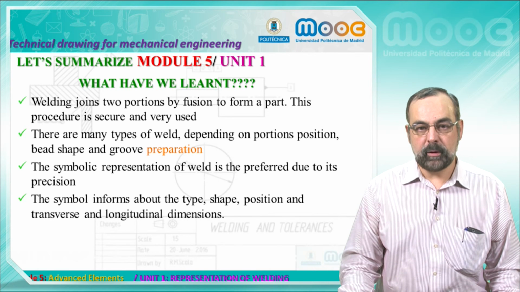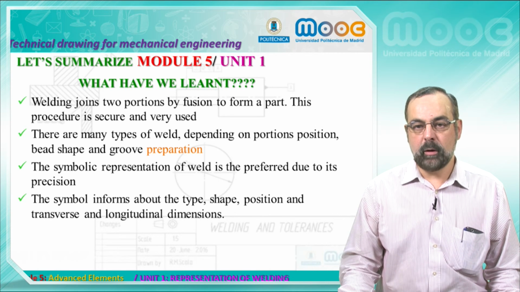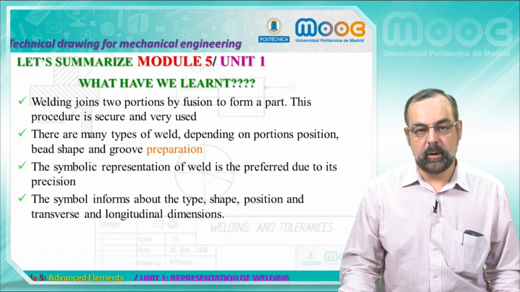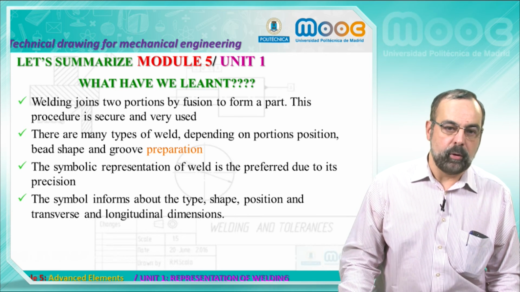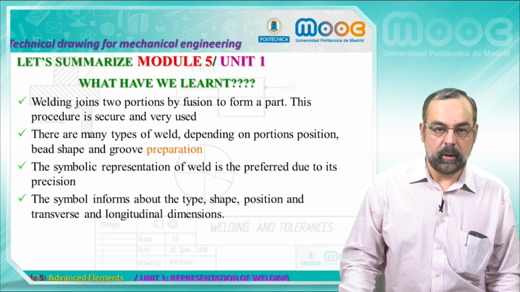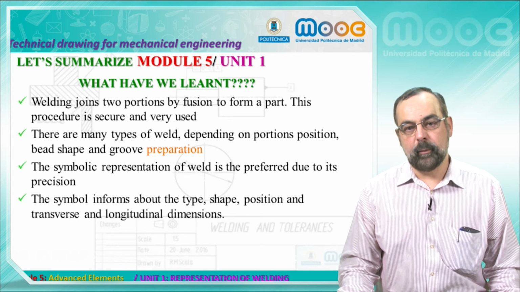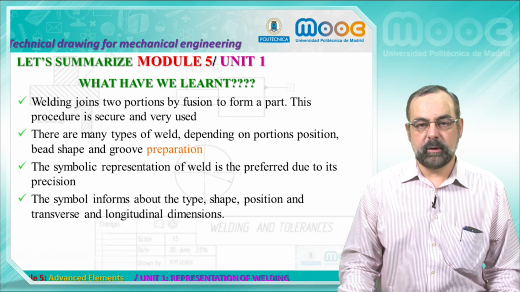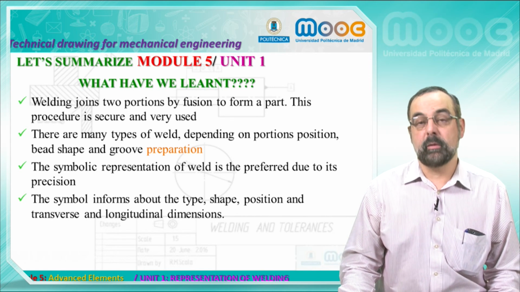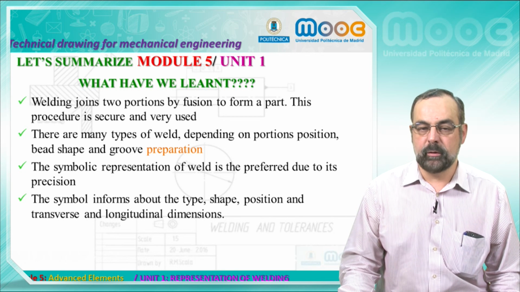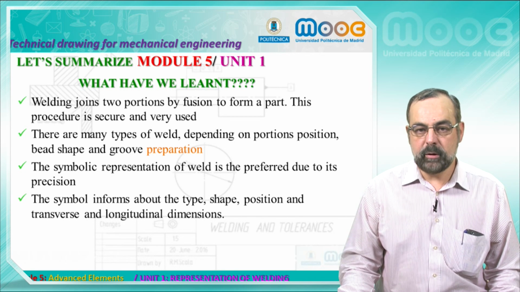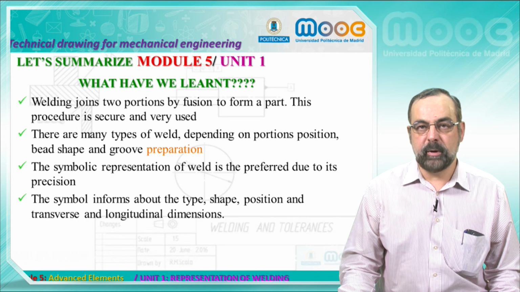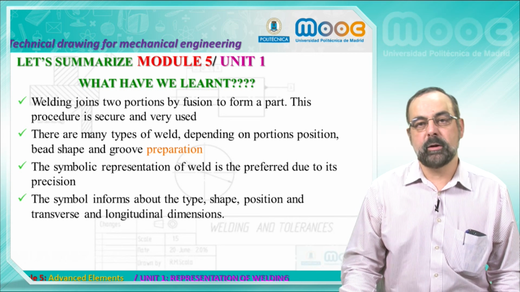There are many types of weld, depending on portions, relative positions, the shape of the weld bed, and the groove preparation. The symbolic representation of weld is preferred due to its precision. The symbols inform about the type, shape, position, and transversal and longitudinal dimension of the weld.